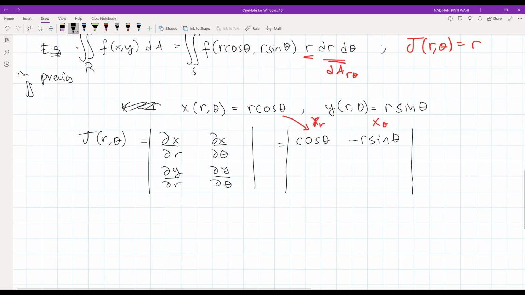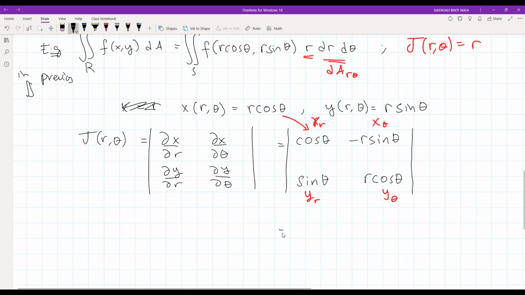Okay, let's see how about the y variables. So this will be sine theta, and then it's just r cosine theta. So in this case, this is for y partial r, and then this is y partial theta.